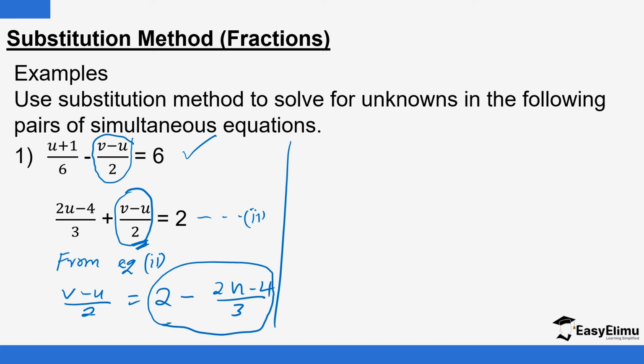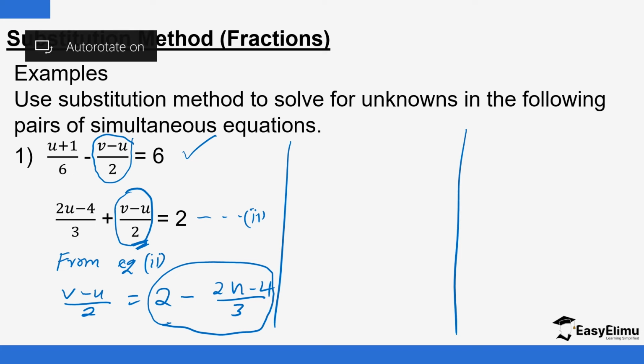Where there is (v minus u) over 2, I'll use the whole of this expression. So I have now u plus 1 over 6. That's what equation 1 starts with. Then minus (v minus u) over 2. So minus this, but this one already I have the value here, so I'll use 2 minus (2u minus 4) over 3.